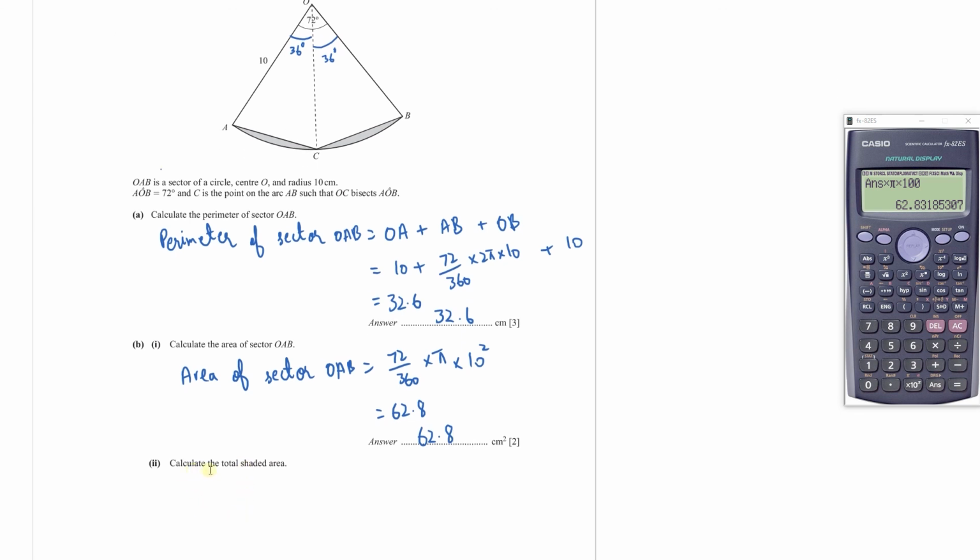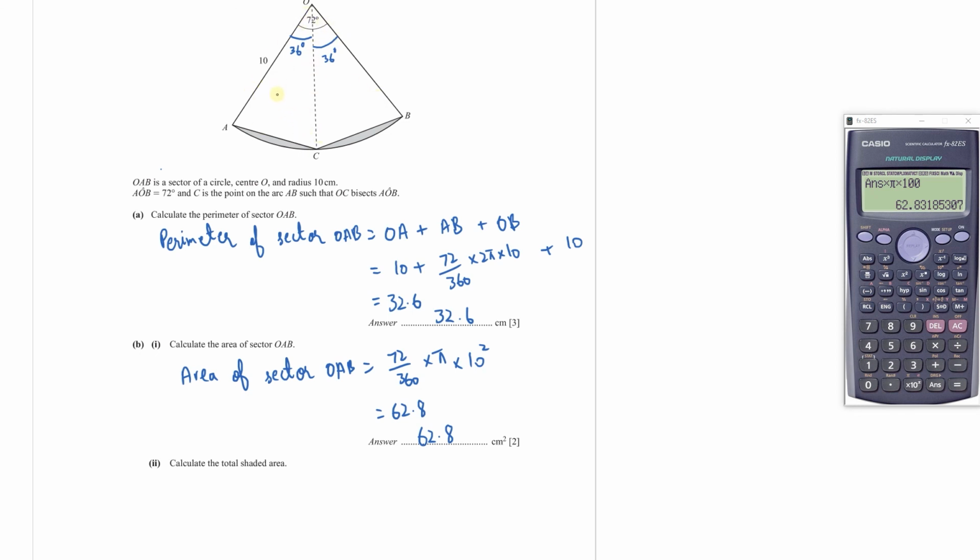B2 part is calculate the total shaded area. So this is the shaded area here. To calculate this shaded area, I know the area of the full sector. I can subtract the area of these triangles. So OAC is the triangle, and then OCB is the same congruent triangle because both of these angles are 36 degrees and all sides are the same as well.